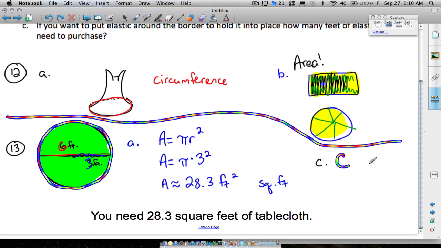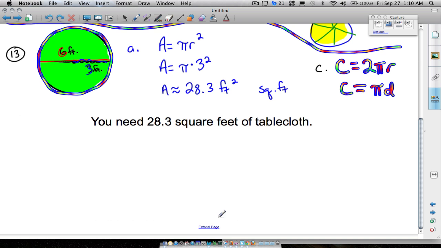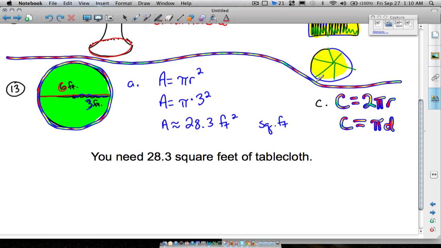You have two formulas for circumference. You have circumference equals 2 pi r, or you could use circumference is equal to pi d. It's up to you. Just make sure you use the right number. Since the diameter was given to us, and since that was the last one I wrote here, I'm going to use this formula, just making sure the diameter, we said the diameter was 6 feet.